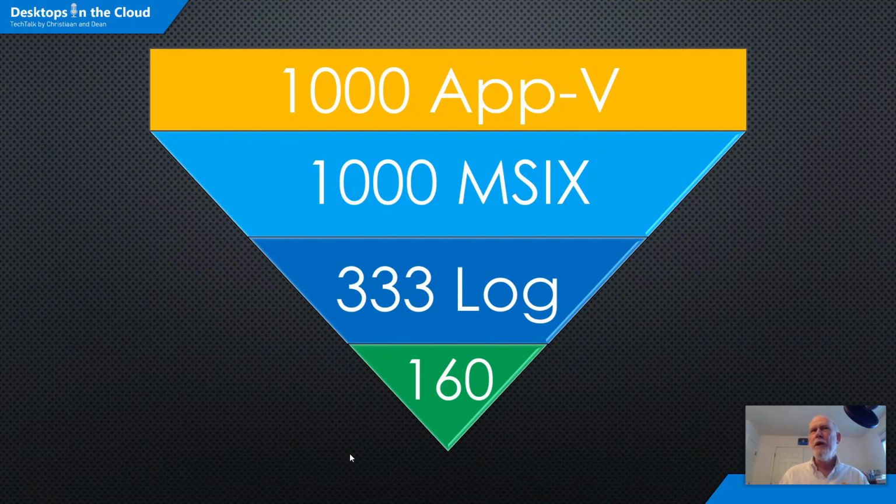So maybe after a few days of that testing, we end up with 160 packages, because most of the packages that failed the log test are the ones that are going to have those other problems that we saw in the previous chart. So we're getting about half of those, which isn't bad. For a couple of days' work, we've got 160 good packages, and we can start working with MSIX right away with those as we start dealing with the rest of the packages.